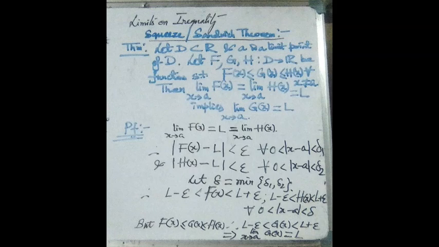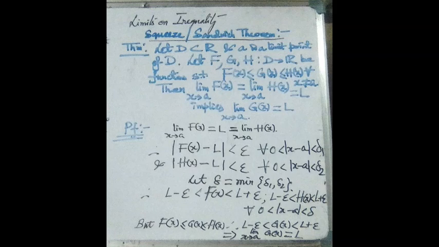In the sandwich theorem, we have some real subset D and three functions f, g and h, with an extra condition, that is f(x) less or equals to g(x) less or equals to h(x).